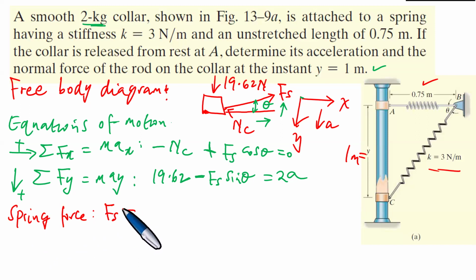The spring force is Fs, which equals Ks. We know that the distance from A to B when the spring is not stretched, AB, is 0.75 meters.